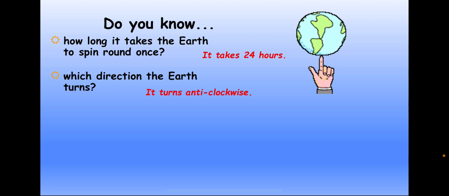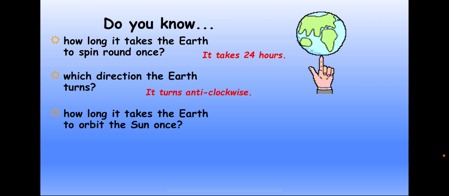You can see how the earth is spinning. It turns anti-clockwise. How long does it take the earth to orbit the sun once? So 1 year is equal to 365 days. So it takes 1 year, and 1 year is equal to 365 days.